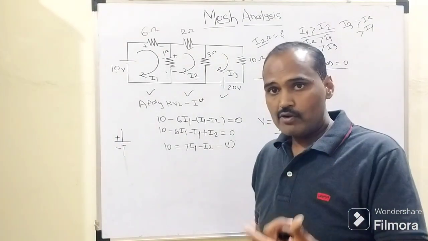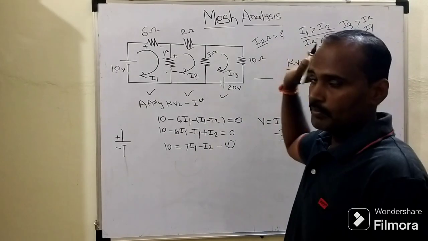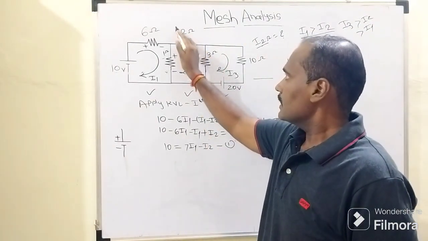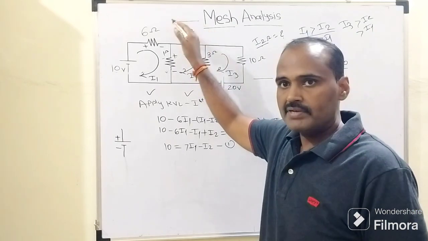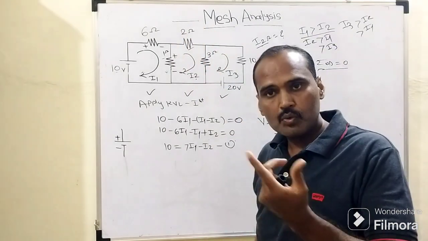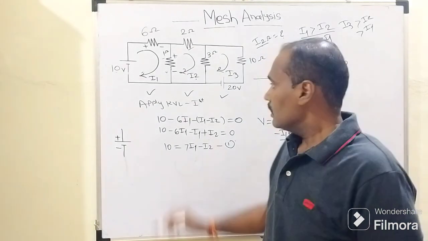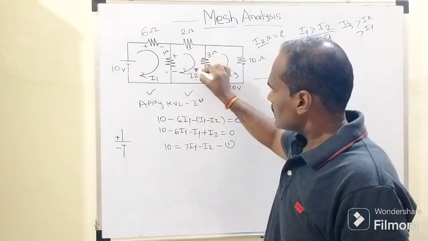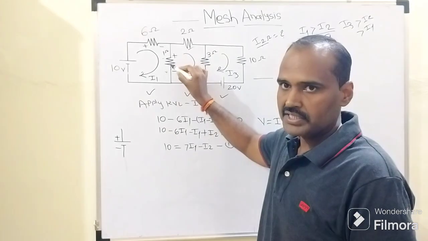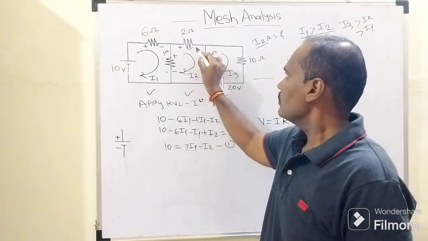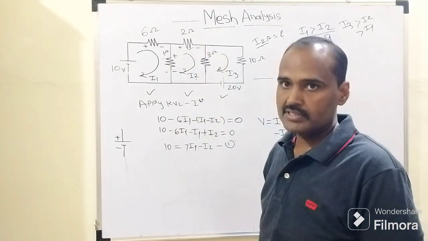Because our area of interest is to determine I2, the current flowing through this 2 ohm resistor. It is connected in a horizontal arm, so there are only 2 possibilities, either right to left or left to right. Now I2 is considered as clockwise, so obviously it flows from left to right through this 2 ohm resistor.